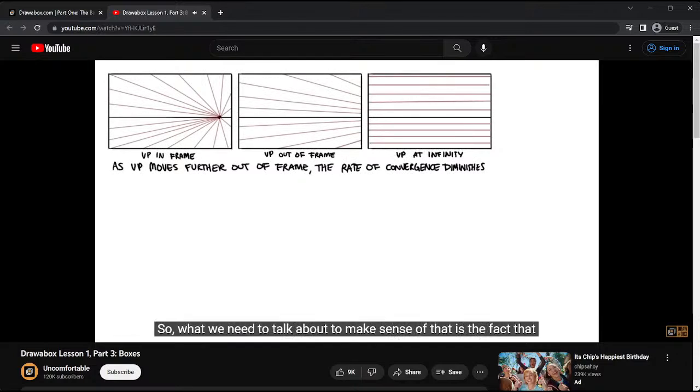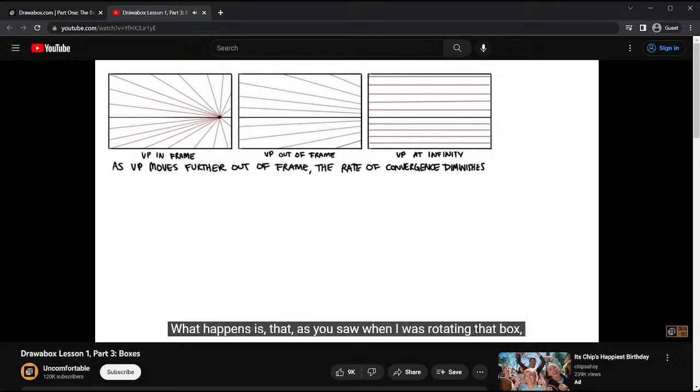So what we need to talk about to make sense of that is the fact that these vanishing points in 2- and 1-point perspective, they don't disappear. They still exist. It's kind of wrong to refer to these things as 2-point or 1-point perspective, because there are still 3 vanishing points. There has to be, because there are still 3 sets of parallel lines.